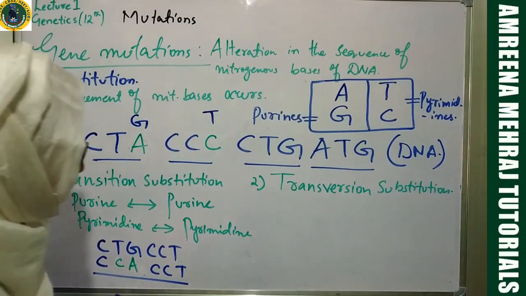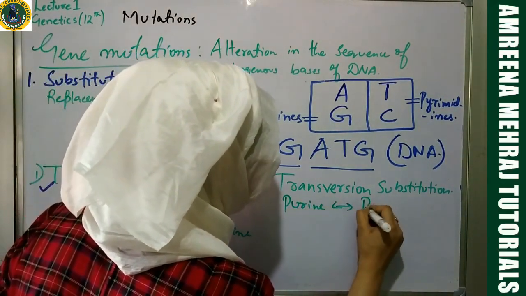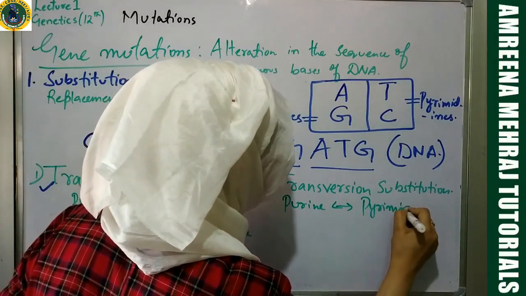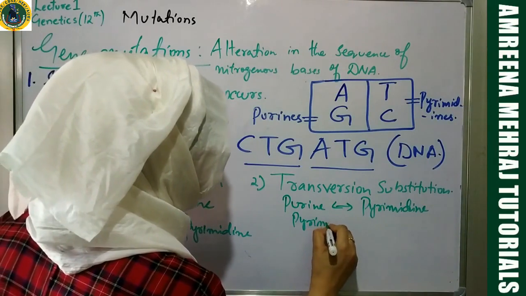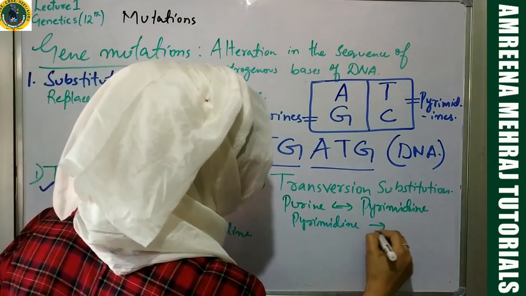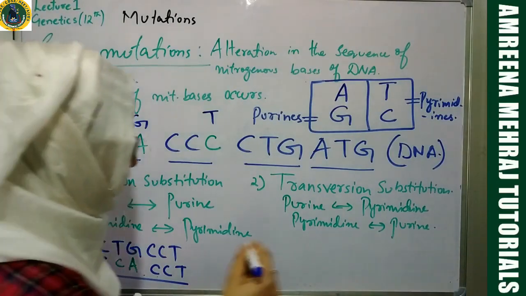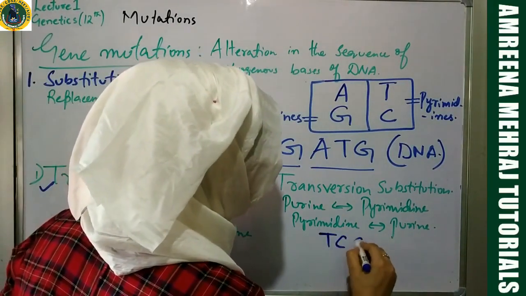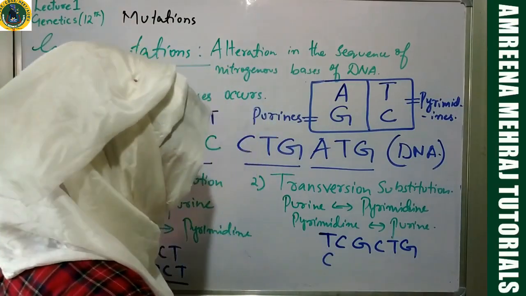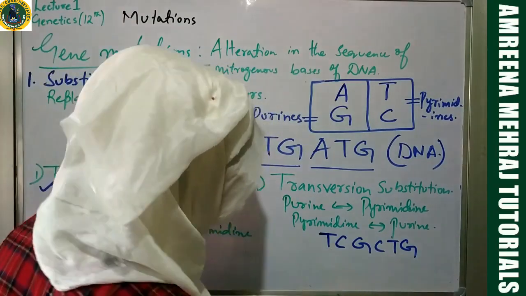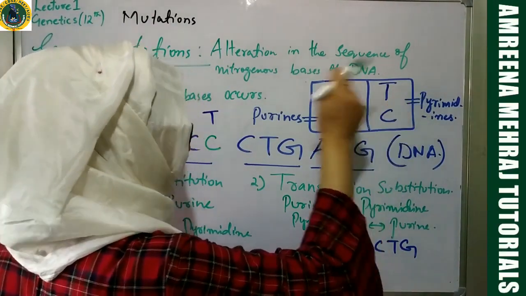What happens in transversion? A purine is replaced by a pyrimidine. Simple. Or vice versa, a pyrimidine is replaced by a purine. Say for example, I have T, C, G, C, T, G and C. Now you have T. What is it? A pyrimidine. It will be replaced by a purine.